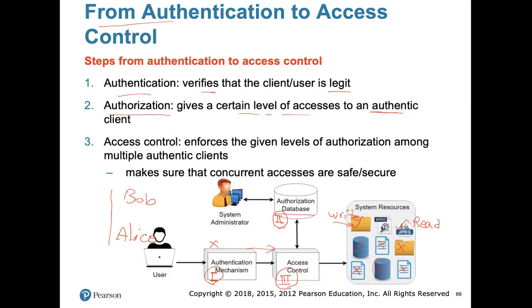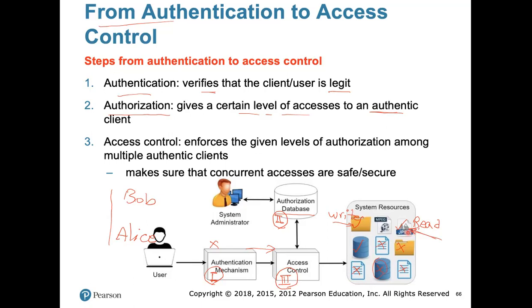Or how do we make sure that Alice will only be able to read from this file? We decided for Alice not to be able to write on this file. So who is going to implement that policy?